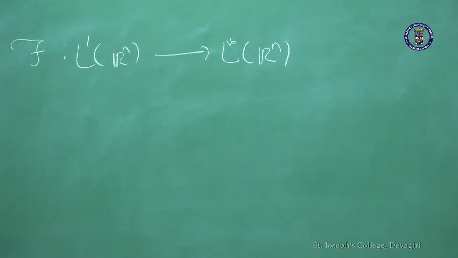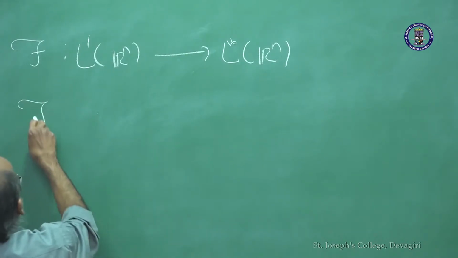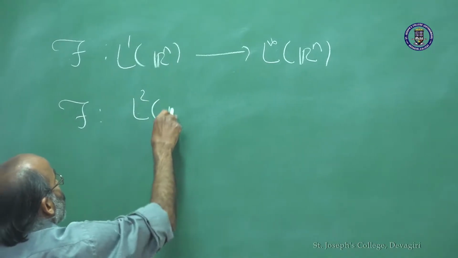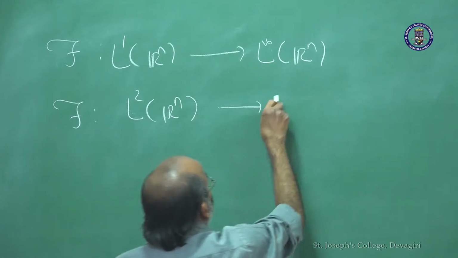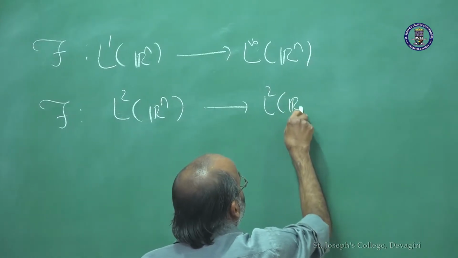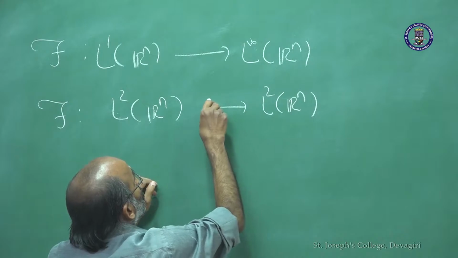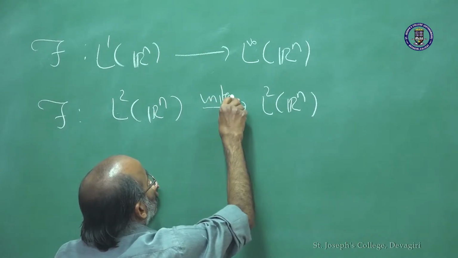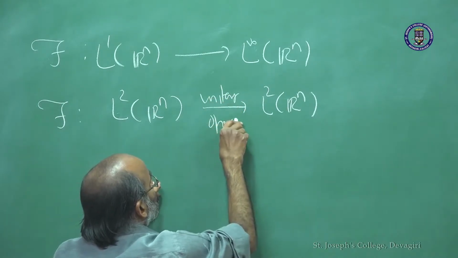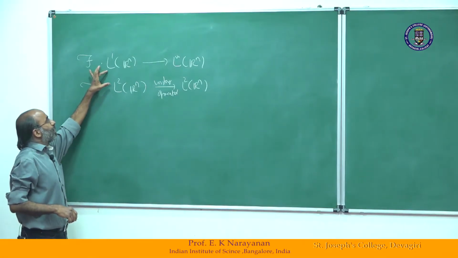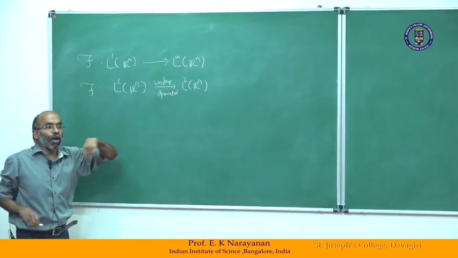Then we also have script F now extended to L2. Here we have a very strong result which is Plancherel. So, this is a unitary operator. We are going to extend it to functions in LP where P is between 1 and 2.